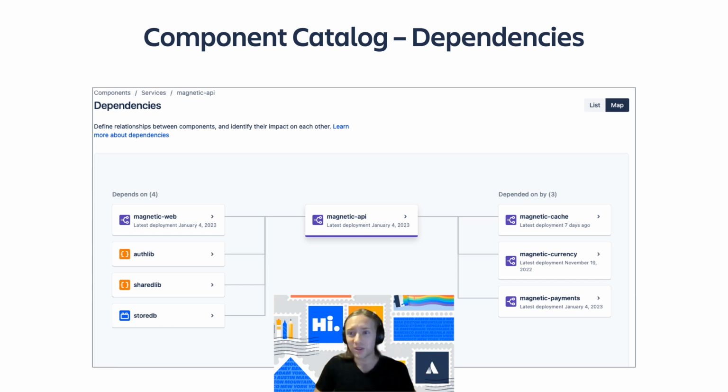This is really cool. Developers really love this. You are able to track what services, APIs, and other things your component depends on. And you can also see what depends on your services. This allows you to do things like announce changes to all of your dependent services and stuff like that.